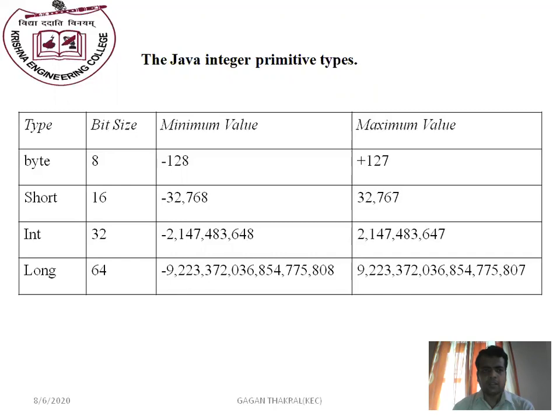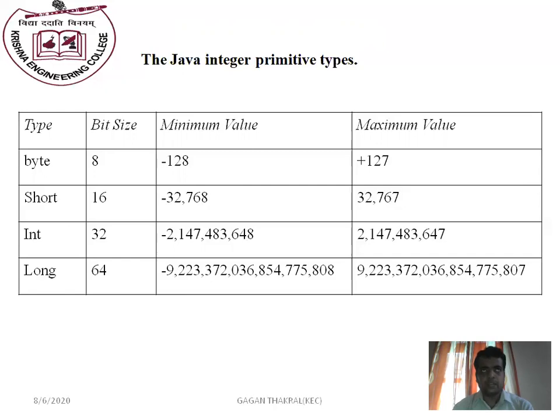Another data type is short. Short uses 2 bytes or 16 bits. The range of short is minus 2 raised to power 15 to plus 2 raised to power 15 minus 1. In Java, int takes 4 bytes of space, that means 32 bits.